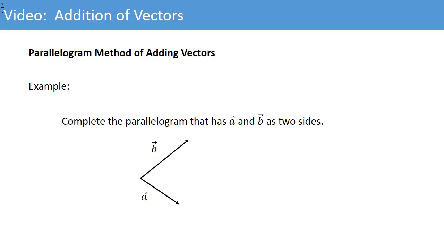Draw a line parallel and equal to A from the tip of B, and draw a line parallel and equal to B from the tip of A.